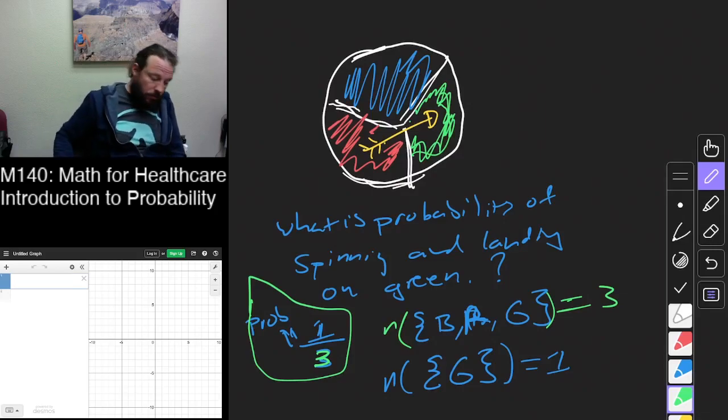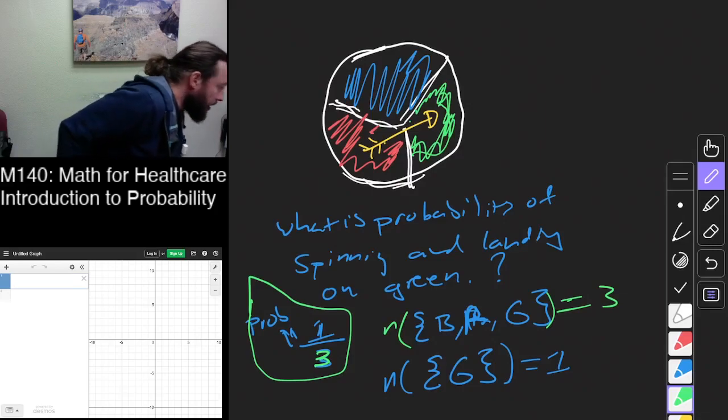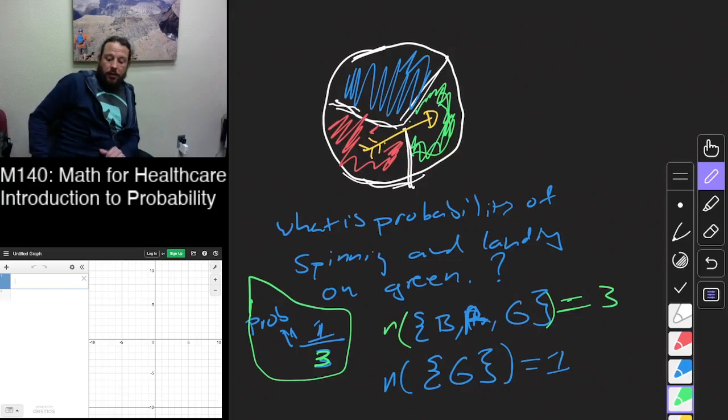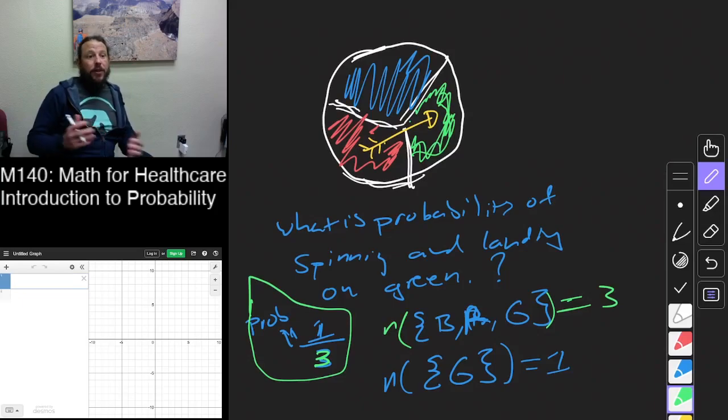Well, what it doesn't mean is that we're going to land on green 1 out of every 3 times. I think we all know that.